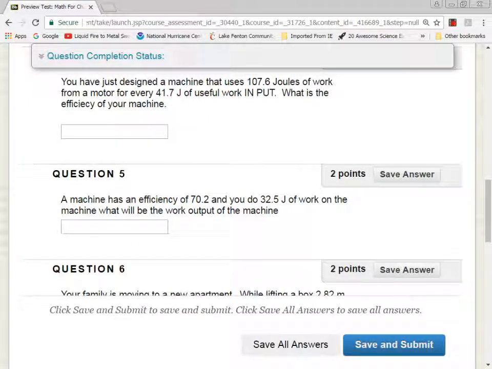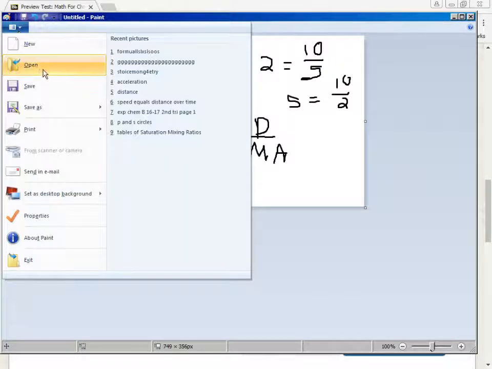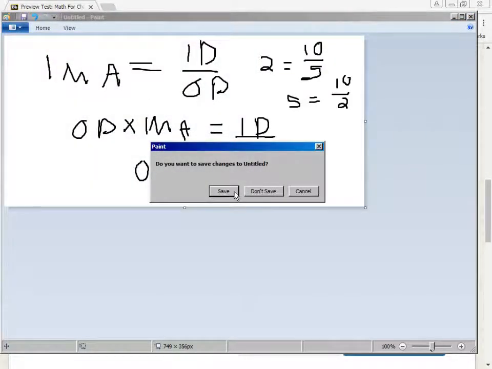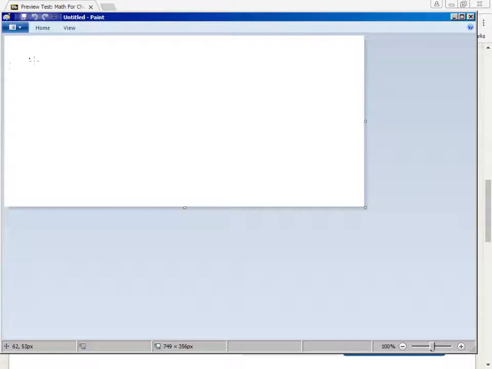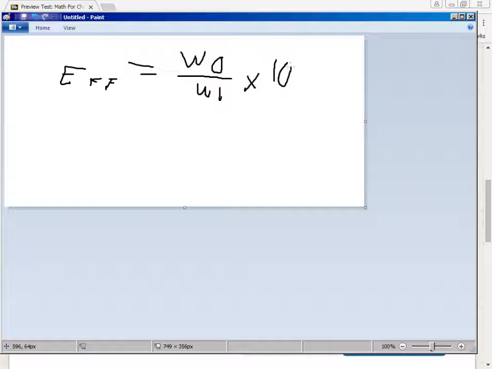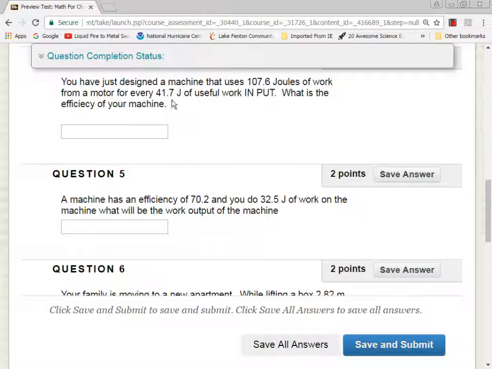So, ladies and gentlemen, when we have the efficiency of a machine, efficiency equals work output divided by work input times 100.